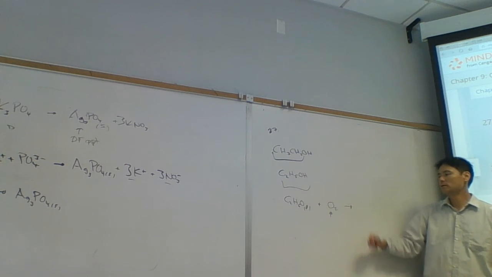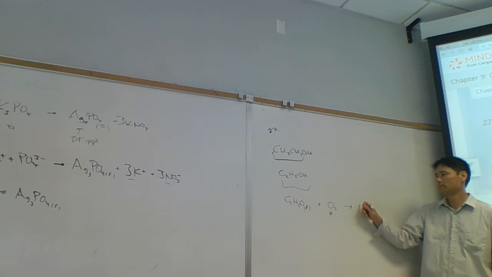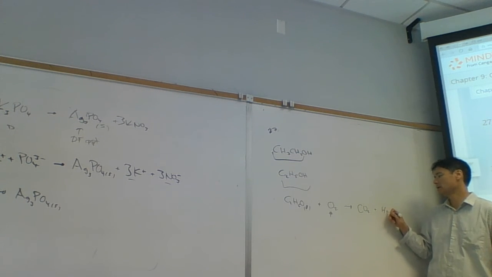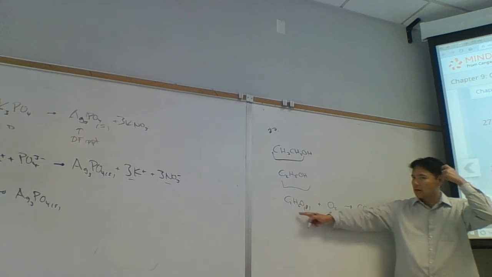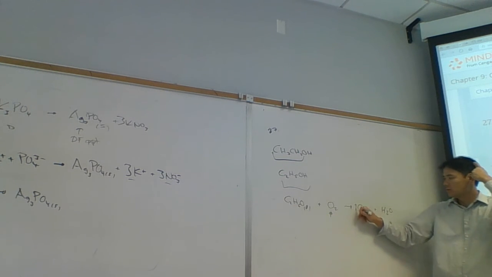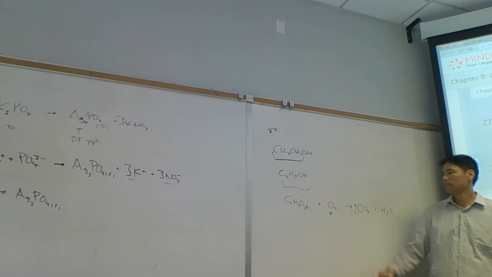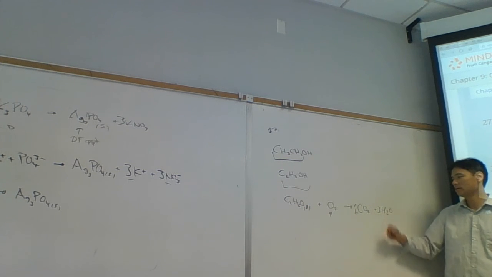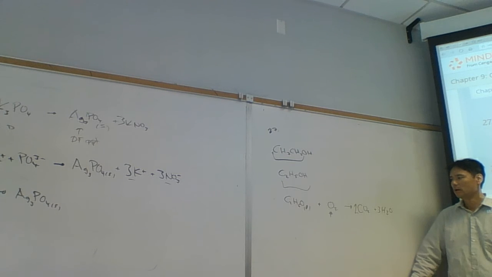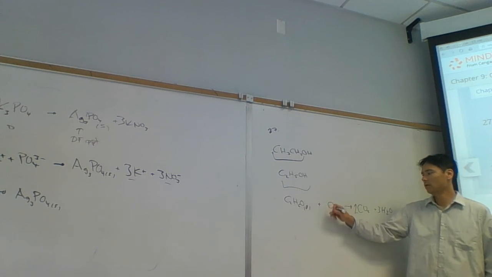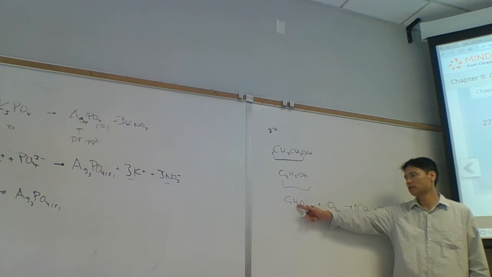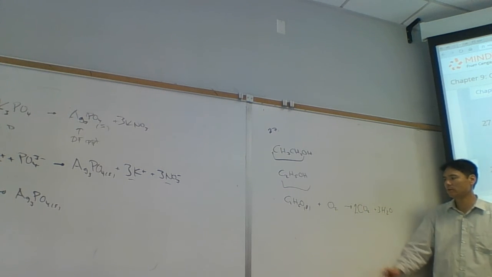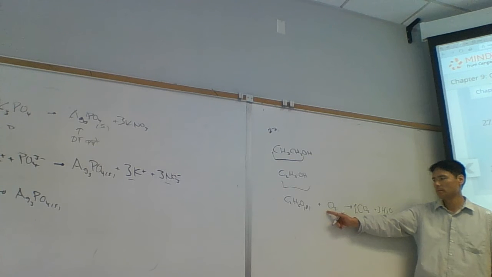So this is going to form CO2 and H2O. Now when we balance it, we balance the carbons first. So 2 carbons will need 2 CO2s. 6 hydrogens will need 3 waters. That will give us 6 hydrogens. Now the oxygen, the only oxygen I want to change is the O2. I don't want to change the others.